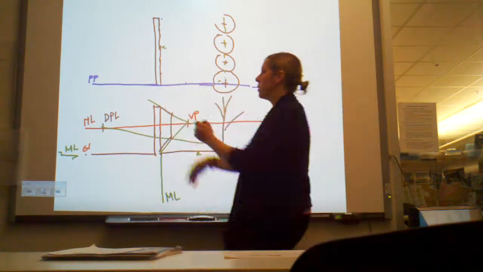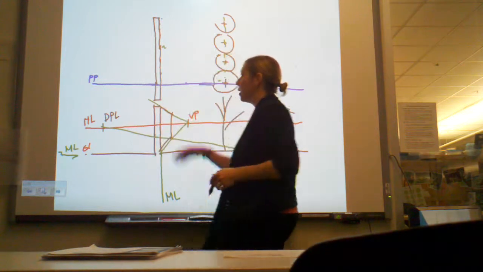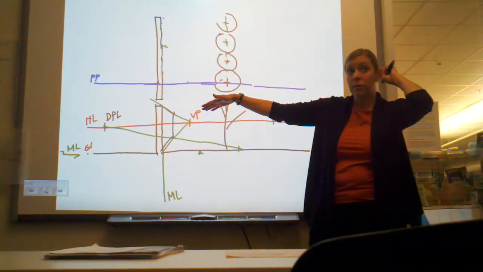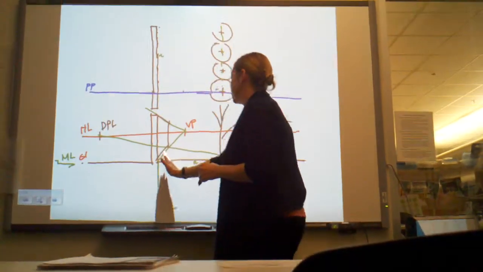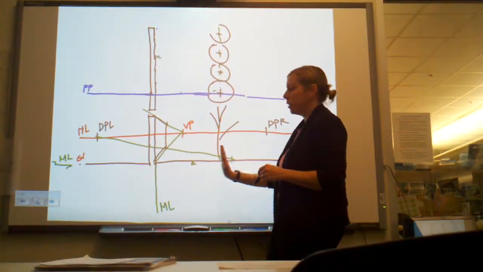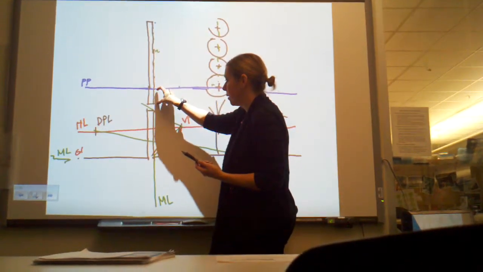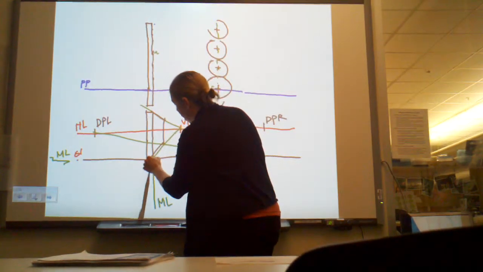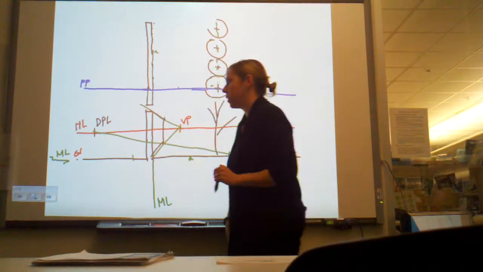So the only tricky thing is if you had something extending, if you were cutting through the picture plane, and you had something extending further, then instead of measuring this direction, you would measure that direction. So if this was 4 feet this direction, then I would measure off the picture plane, measure 4 feet here and make my line.